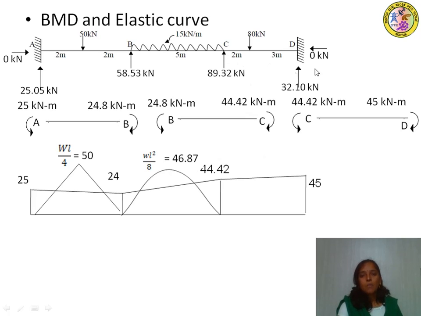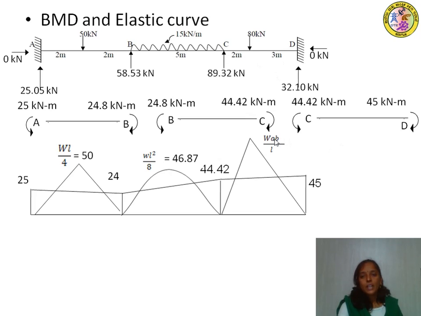Next, for CD member, it is subjected to an eccentric point load. So in that case, the variation of bending moment is also a triangle, but the highest ordinate will be under the point load. The magnitude of which is calculated by using WAB by L, where W is the load magnitude, A is the distance of the load from the left end, B is the distance of the load from the right end.